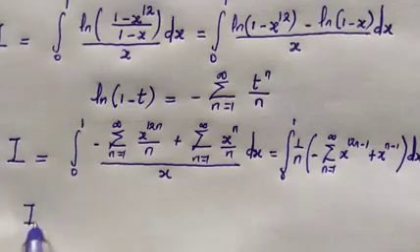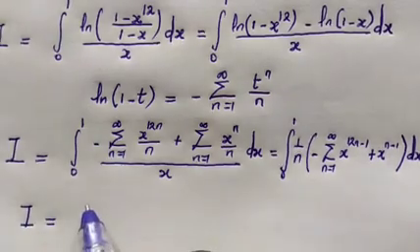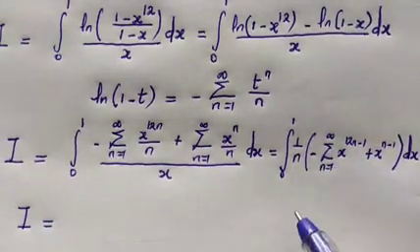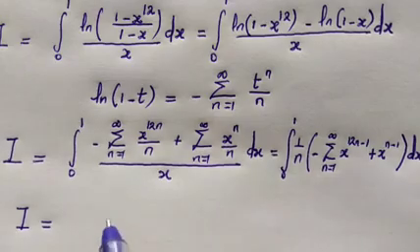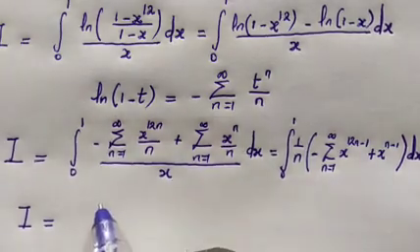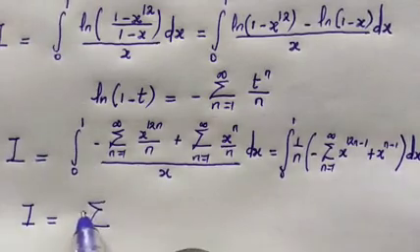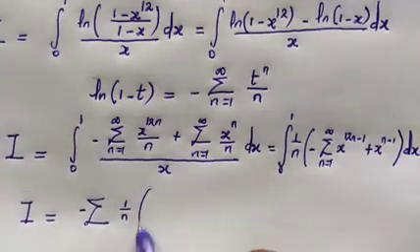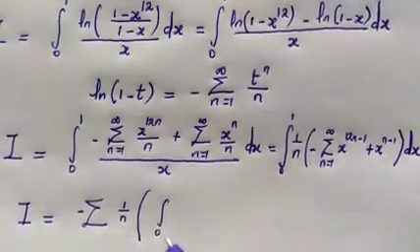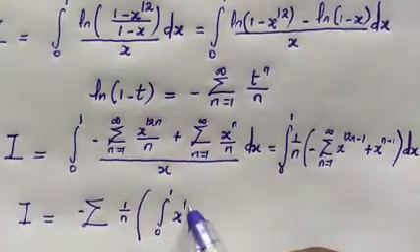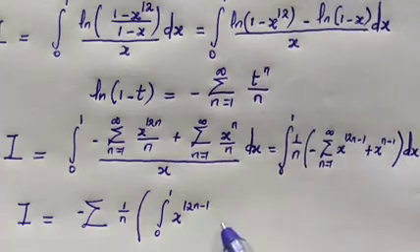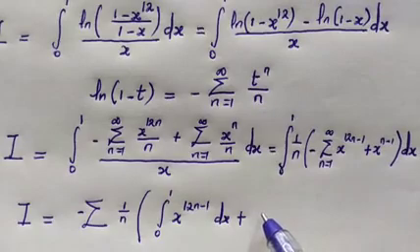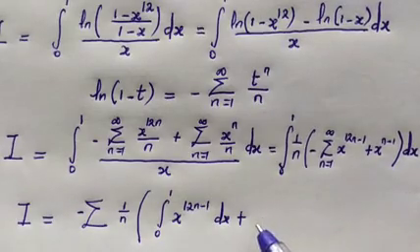So from here, I is equal to, so we have to switch the sum and the integral operators, okay? So here we're going to have the negative sum of 1 over n, then into brackets, we have to integrate from 0 to 1 of x to the power of 12n minus 1, and also integrate this.